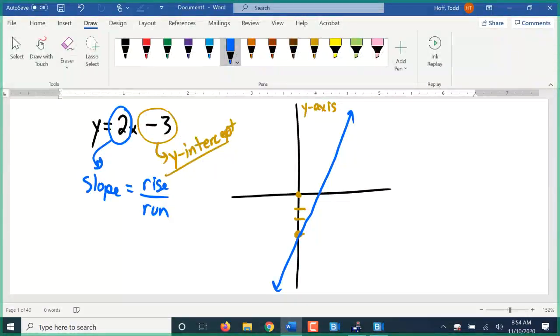Now, 2 doesn't look like a ratio. It looks like just a whole number. We make it into a ratio, or a fraction, if you prefer to call it that, by putting it over 1. It's 2 over 1. So what that's saying is from that starting point, from that y-intercept that we had here, we rise 2, we run 1. There's the second point on the graph, on the line.